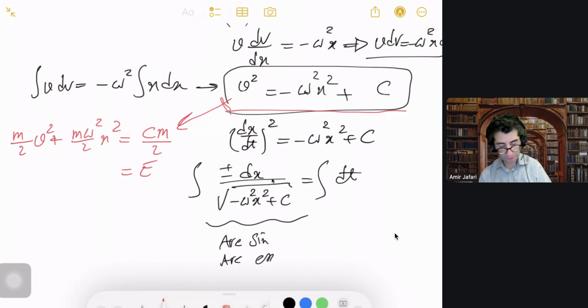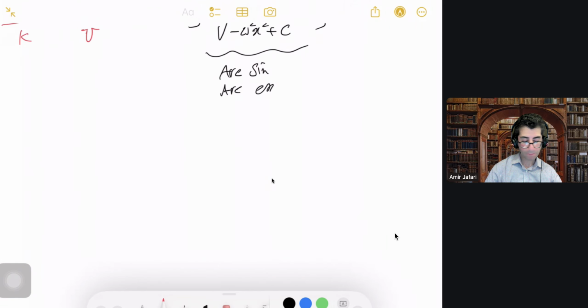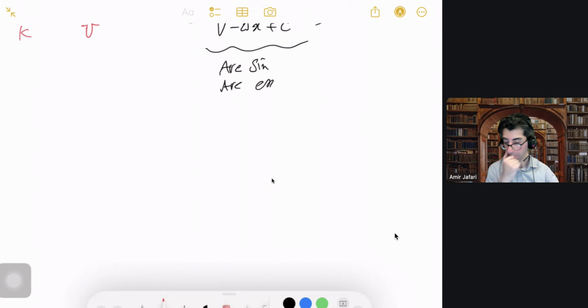This is the kinetic energy, remember, and this is the potential energy. So the potential energy of the spring is 1/2 kx². Okay, this should be familiar again. So this is another way to look at this problem, and it gives you the same result.